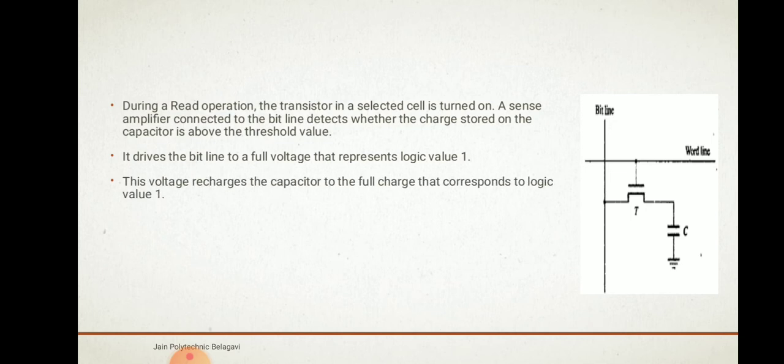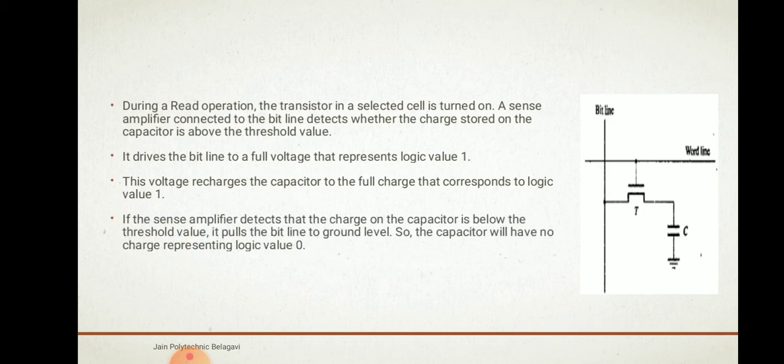This voltage recharges the capacitor to the full charge corresponding to logic 1. Whatever charge is stored in the capacitor will be fully charged, and the entire bit line will be set to 1. Now if the sense amplifier detects that the charge on the capacitor is below the threshold value, suppose the capacitor is charged with less than the threshold value, so it is not above the threshold value, in that case it will pull the bit line to the ground level.